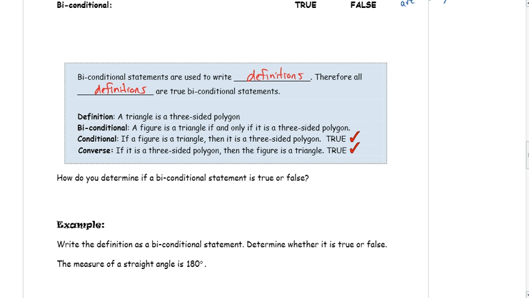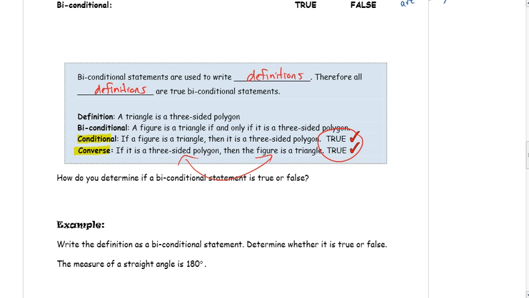You guys know that. Biconditional would be a figure is a triangle if and only if it is a three-sided figure. So we need to look at both conditional, converse. If a figure is a triangle, then it is a three-sided polygon. Then when we go backwards and flip these two pieces, the hypothesis and conclusion, and say if it is a three-sided polygon, then the figure is a triangle, and that is still a true statement.